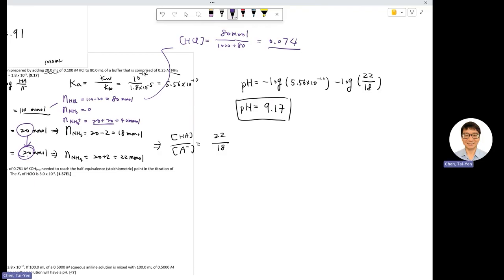Okay, so if you do that calculation, what is that number? 0.074. So this will equal your proton concentration, because strong acid dissociates 100%. That concentration will give you the proton concentration.